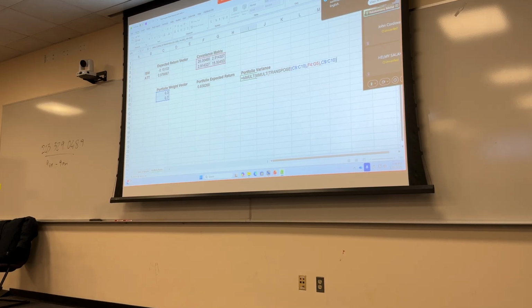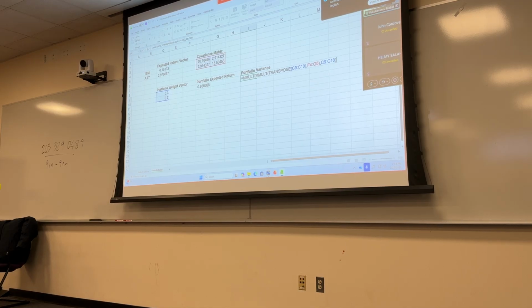But if you have 2 stocks, the variance of the portfolio, if you had to write it down without using matrices, looks something like this: squared weight of the first stock times the variance of the first stock, plus squared weight of the second stock times the variance of the second stock, plus 2 times the cross product of the weights times the covariance between stock 1 and stock 2.